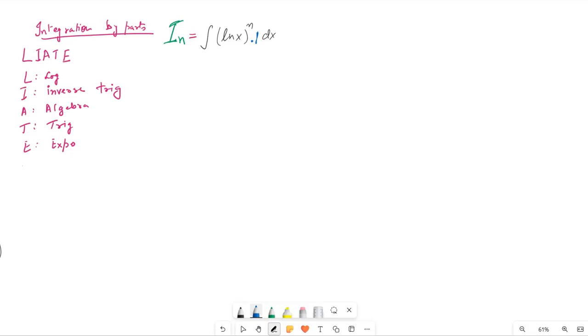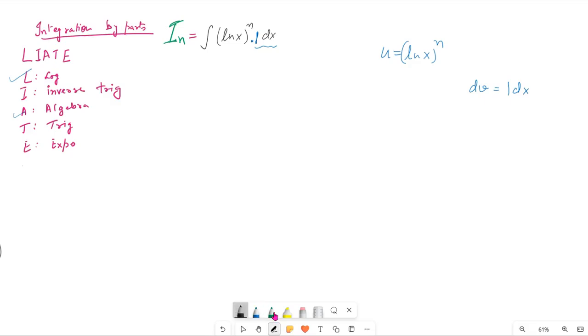Now let's go over it. Natural log of x to the power n is a log function, and 1 is an algebraic function. Natural log of x to the power n comes first in our LIATE list. So that means u will be natural log of x to the power n, and the remaining 1 dx would be named as dv.